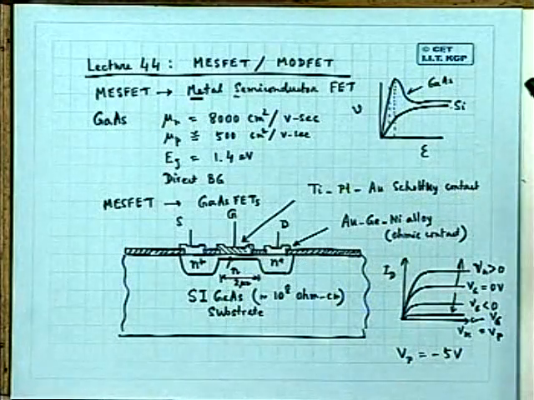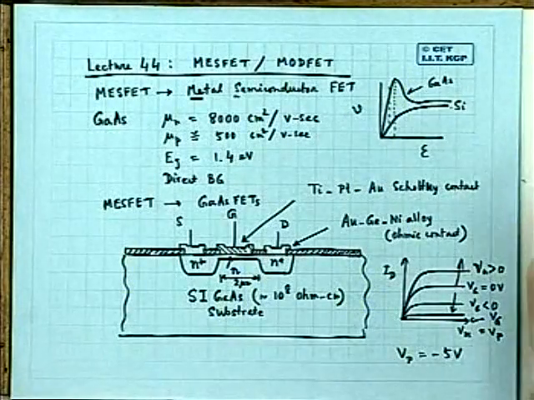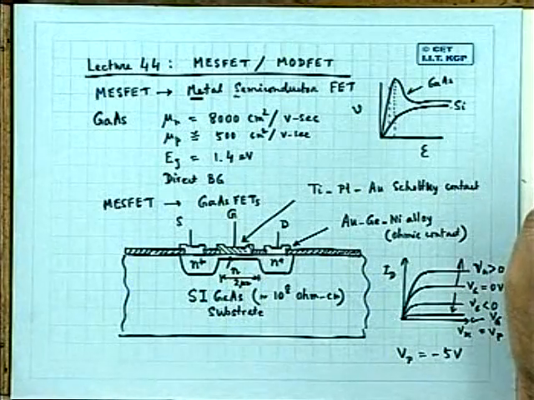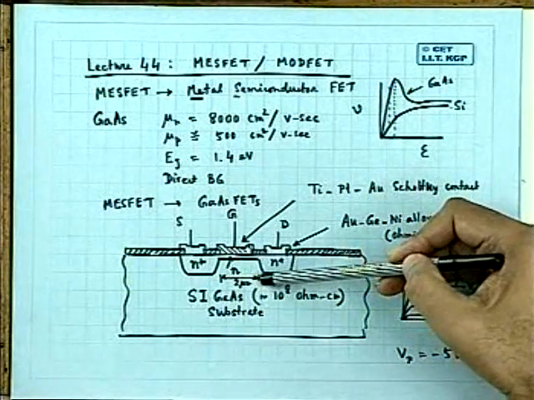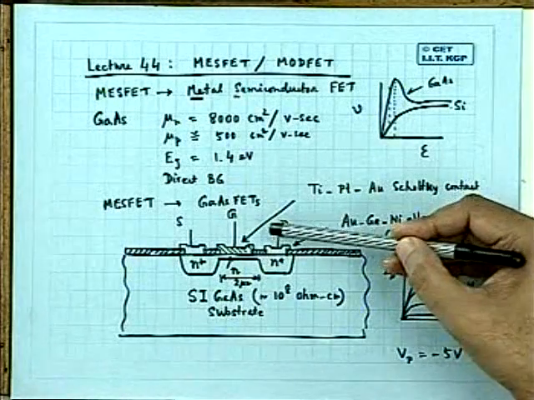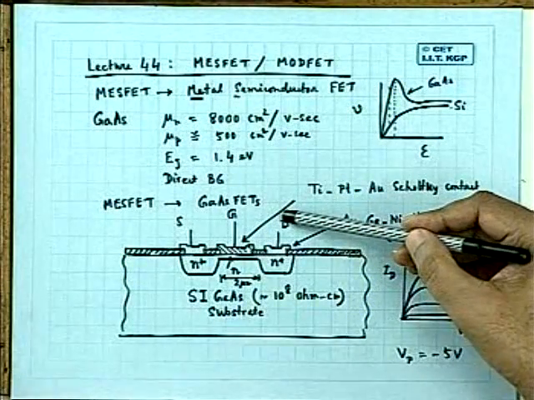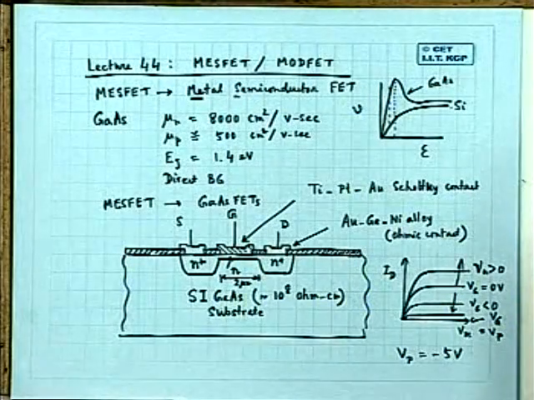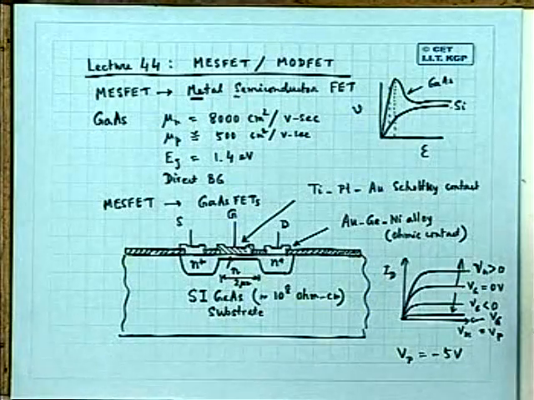But 1 micron technology, from a lithography point of view, is rather simple compared to today's submicron or deep submicron technology. So I say that when it is 1 micron or 2 micron, you get the same order of delay, same order of speed as compared to an N-MOSFET of very small dimension. Do you fully agree with me, or do you have some reservations with this statement?